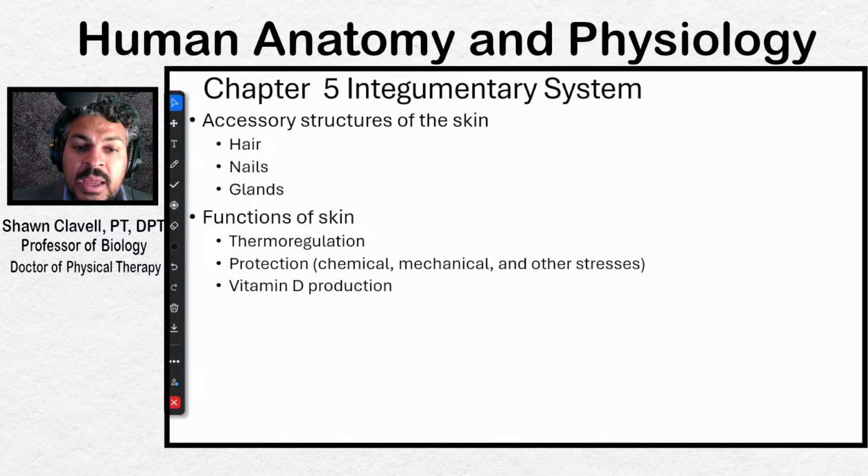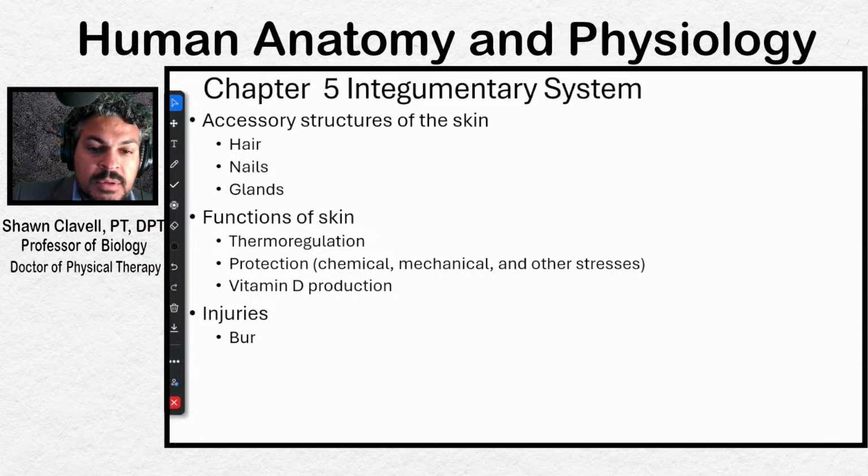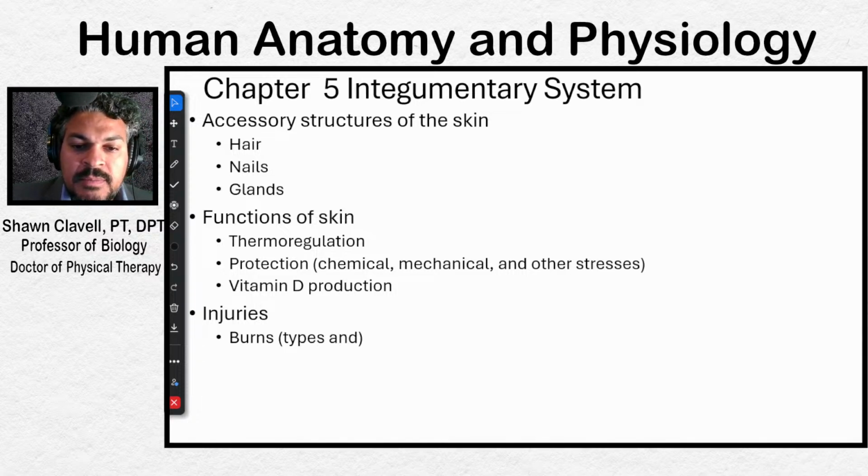And so the last part is what happens when something goes wrong, right? So injuries to the skin, might it be called. And the things you want to focus on as it relates to the injuries of the skin are going to be burns. How do you classify burns, types and classifications?